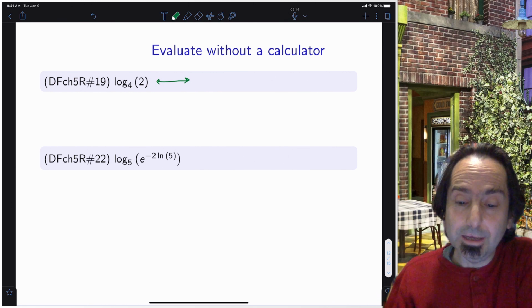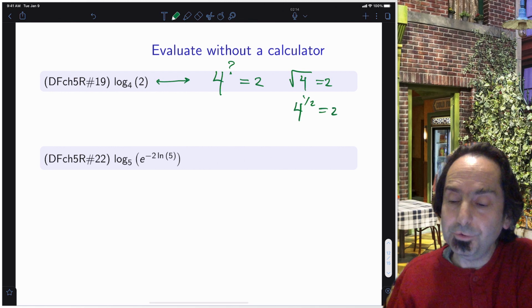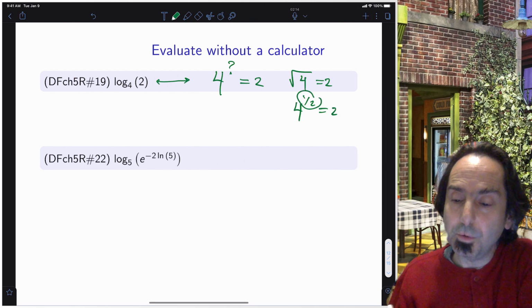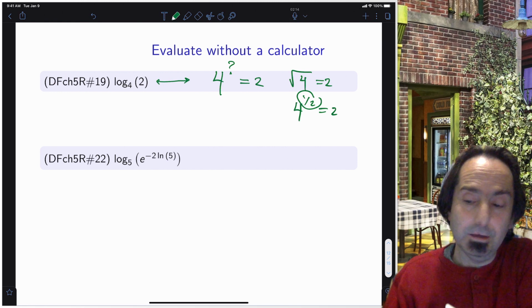What's the exponent? It's saying, what exponent of 4 is equal to 2? Well, we know that the square root of 4 is 2, so that means that 4 to the 1/2 is 2, and so the exponent that we want is 1/2, so 1/2 is the answer.